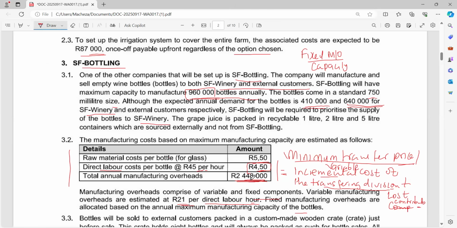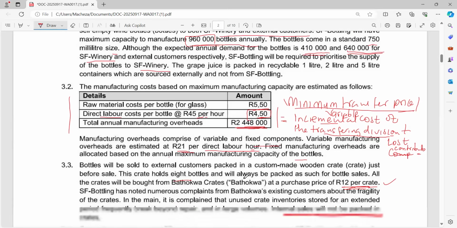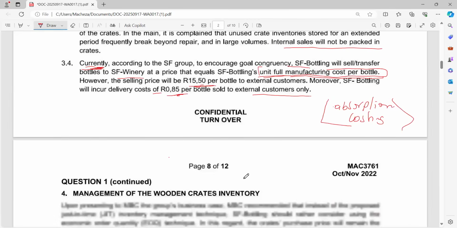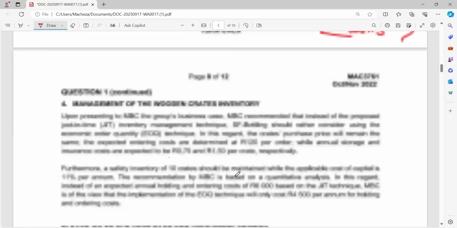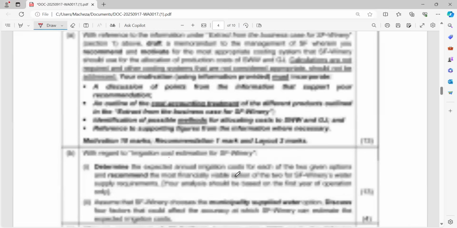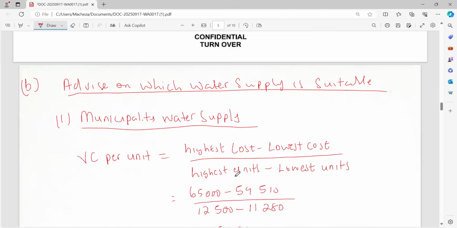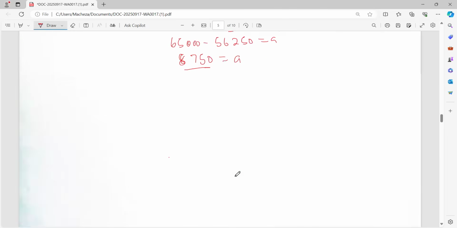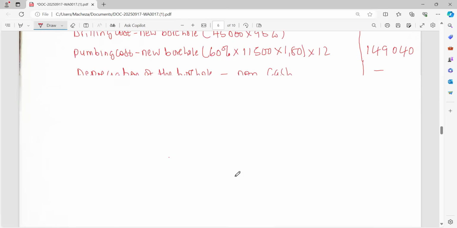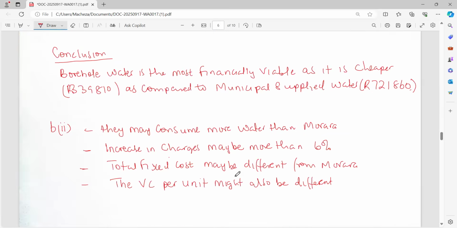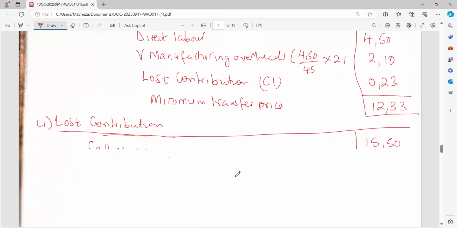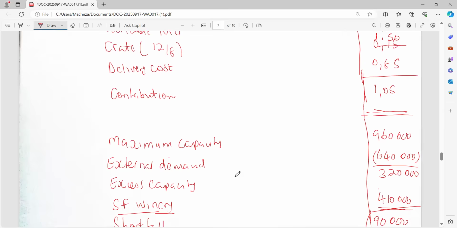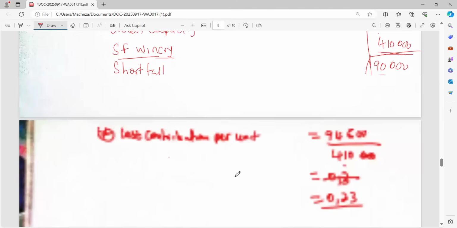So it is 2,448,000. Because we want the fixed manufacturing overheads, let's see how we put it here.